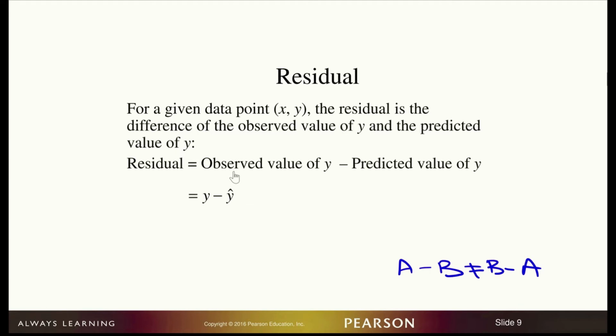So that's why the easy way to remember it is, remember, O comes before what? Before P, alphabetically, right? So that's a nice mnemonic way of remembering that. So observed minus predicted, right? So notice this symbol here, not tilde, I guess we call it caret, actually.